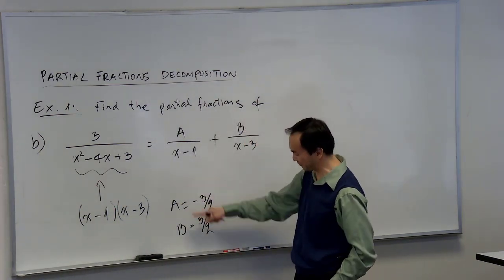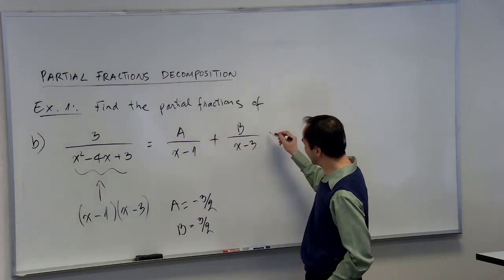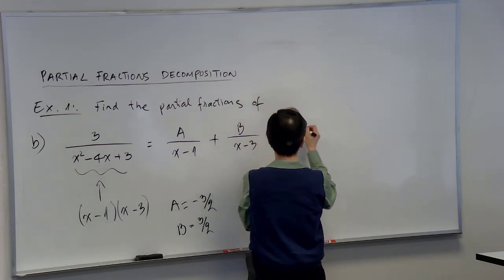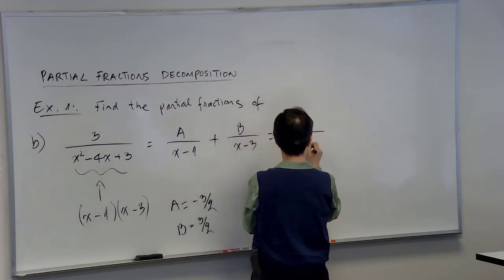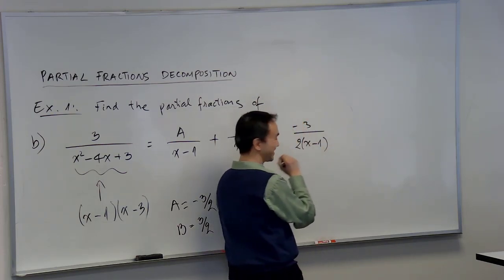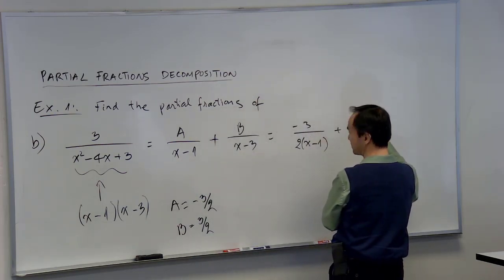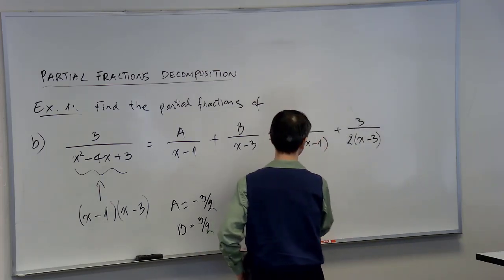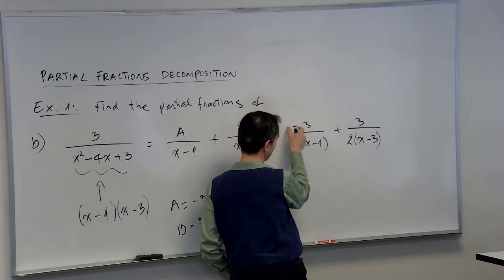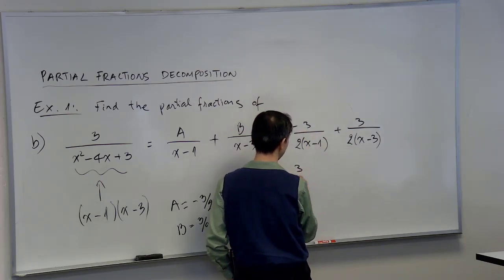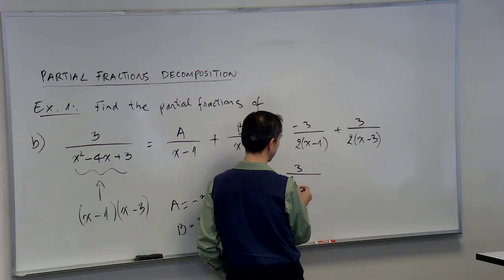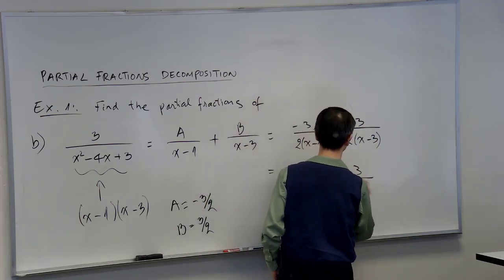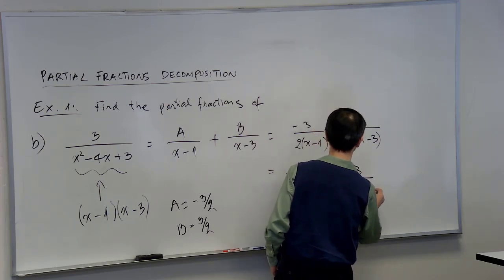Because if these are true, the answer means your two fractions are going to be minus 3 over 2 times x minus 1, plus 3 over 2 times x minus 3, because that's B. You're also allowed to rearrange these terms, making the positive term come first, 3 over 2x minus 6, and then minus 3 over 2x minus 2, something like that.